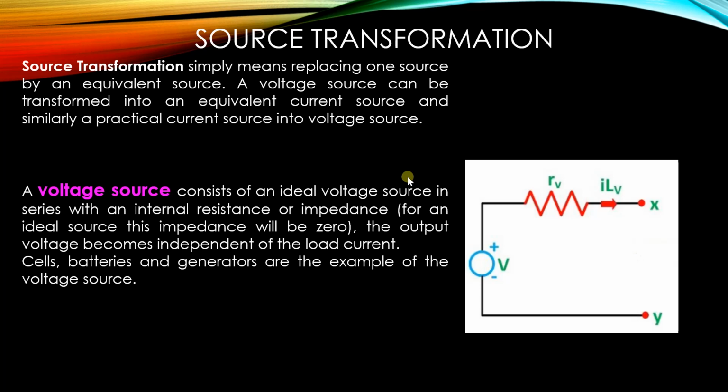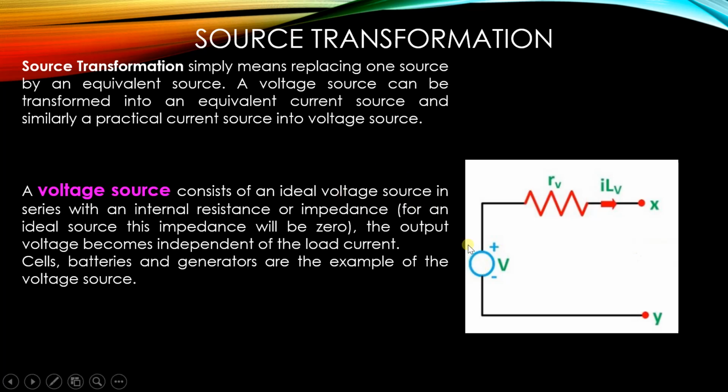First of all, voltage source. Voltage source consists of an ideal voltage source in series with an internal resistance or impedance. For an ideal source, this impedance will be 0. The output voltage becomes independent of the load current. Cells, batteries and generators are the examples of voltage source.